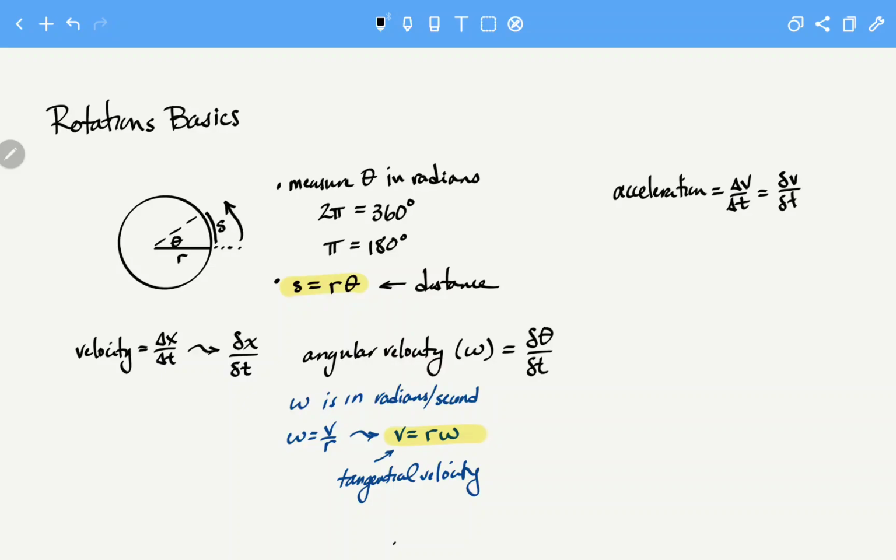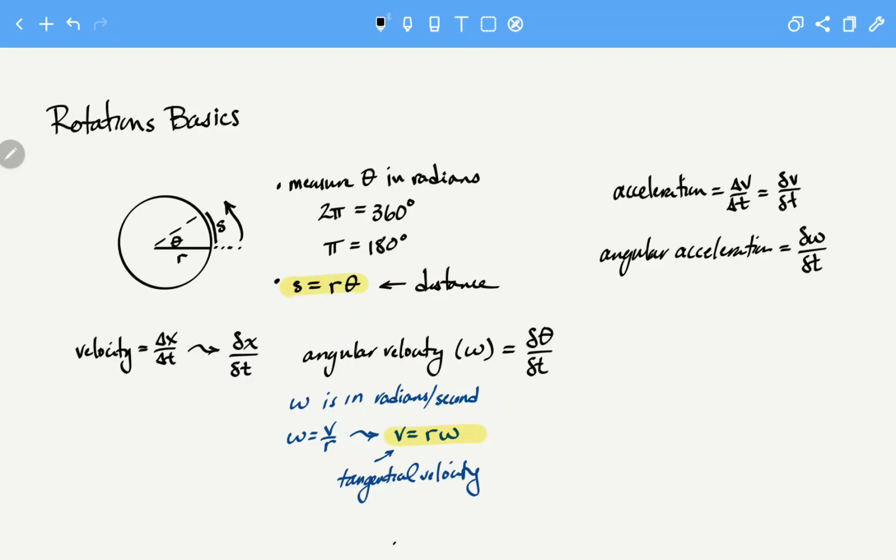And if we look at our angular acceleration, it's just the derivative of our angular velocity. It's the exact same mentality. So if we go to angular acceleration, it's going to have that same understanding, except instead of dv dt, it's now d omega dt.